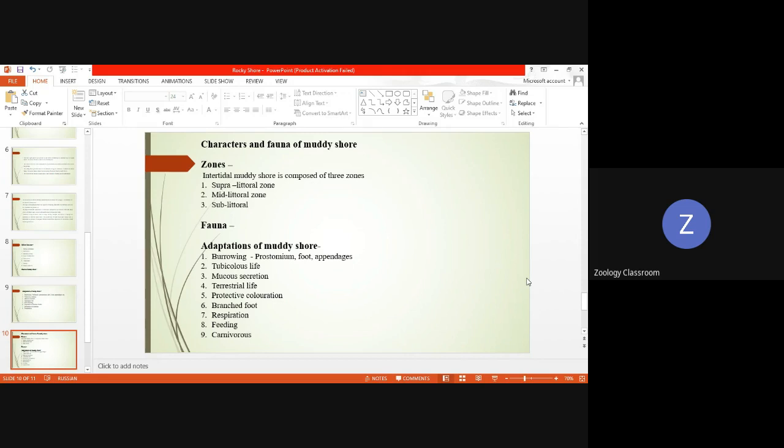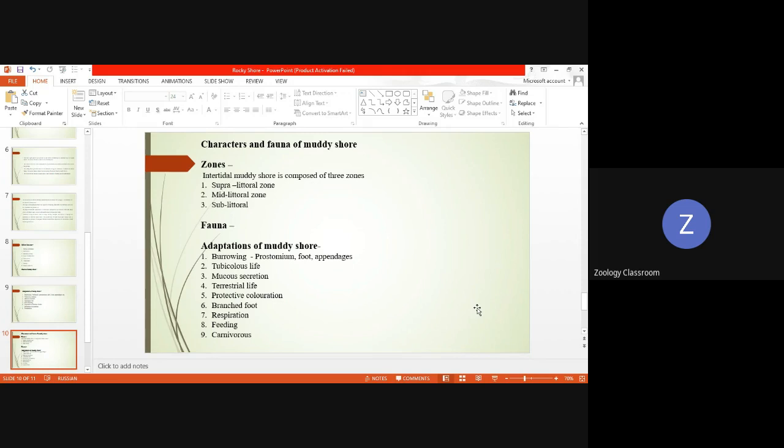The muddy shore has soft substratum as muddy shore contains salt marshes and mangrove swamps. The animals found in it possess a wide variety of adaptations. Fauna of muddy shore shows the following adaptations.